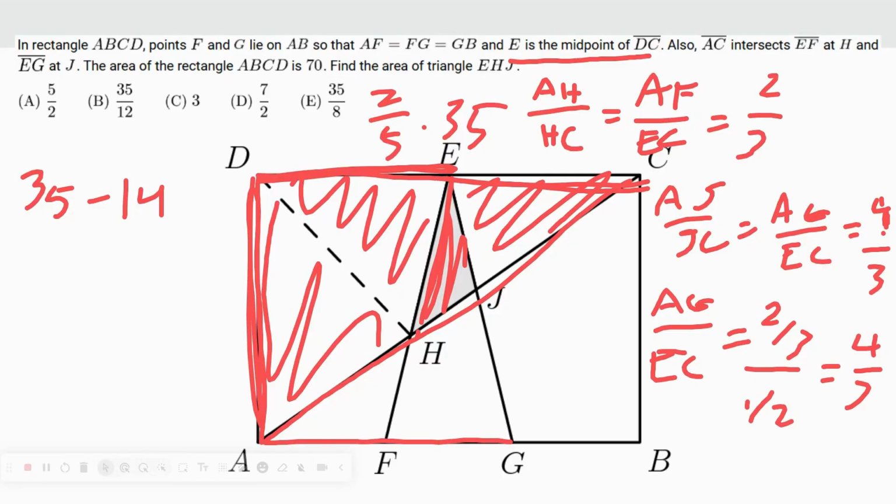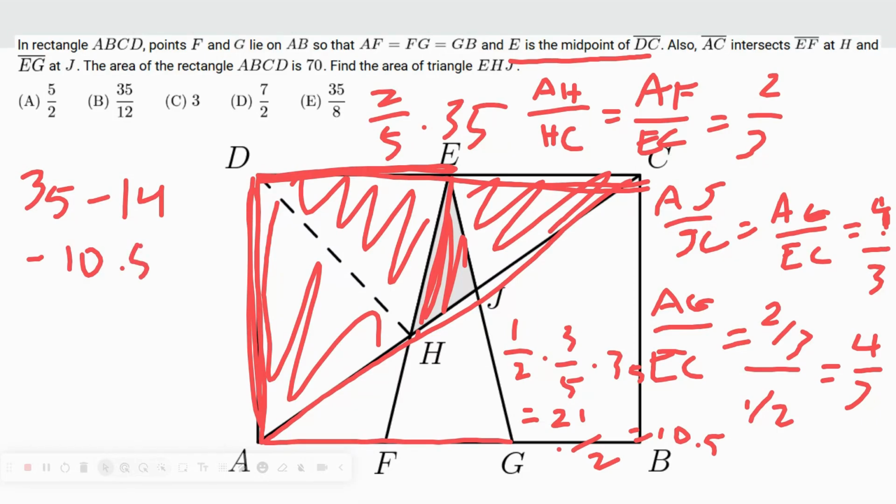So the area of DEH is 1/2 times 3/5 times 35, which is equal to 21 over 2, or 10.5. So next we need to subtract 10.5.